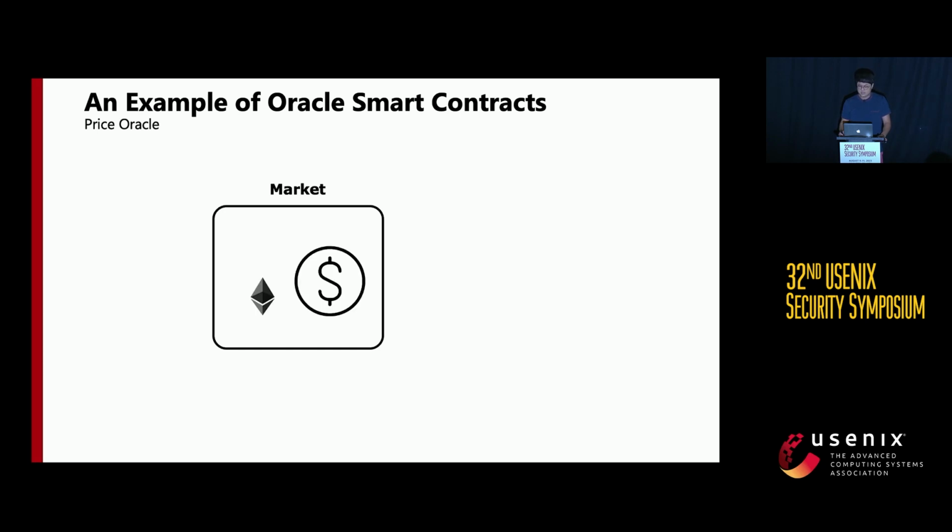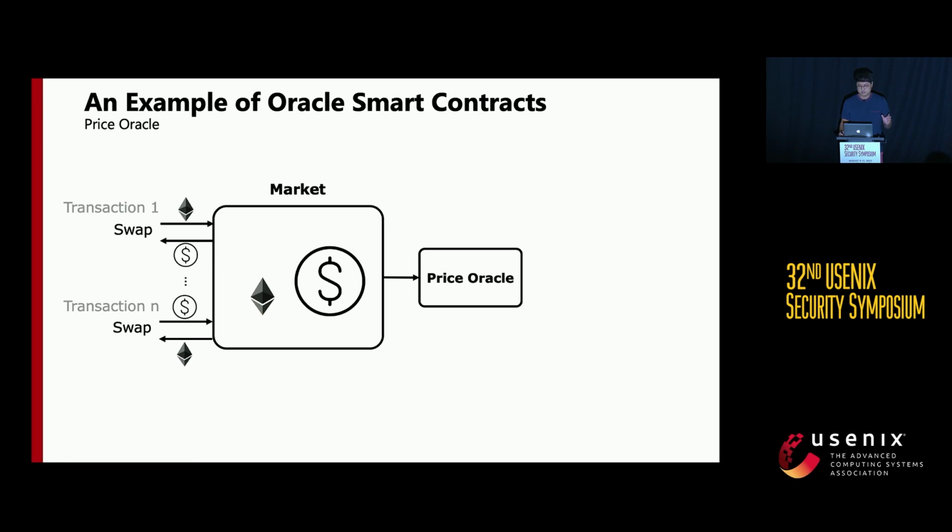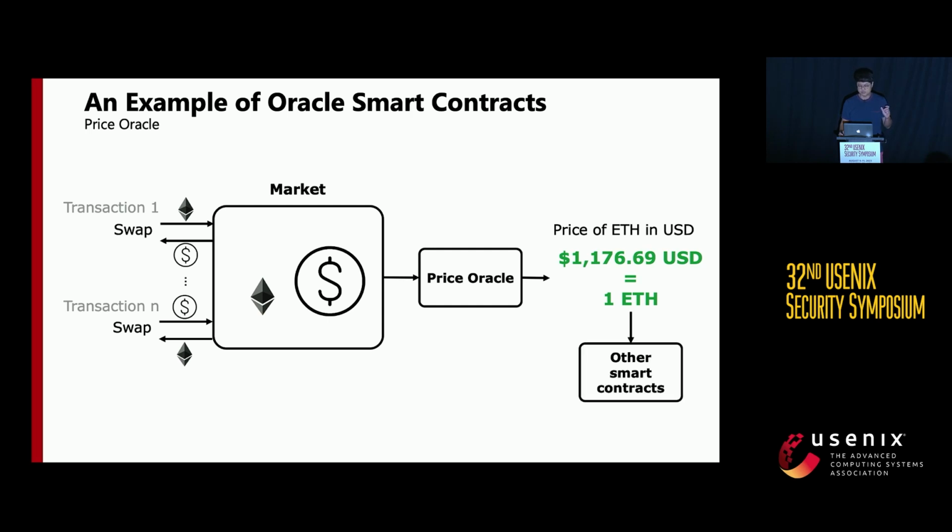There is a market. It usually consists of two tokens, and the ratio of these two tokens changes over time through external transactions. And there is a price oracle that measures the ratio and estimates the price of, for example, Ethereum in USD. This value is used in downstream smart contracts.